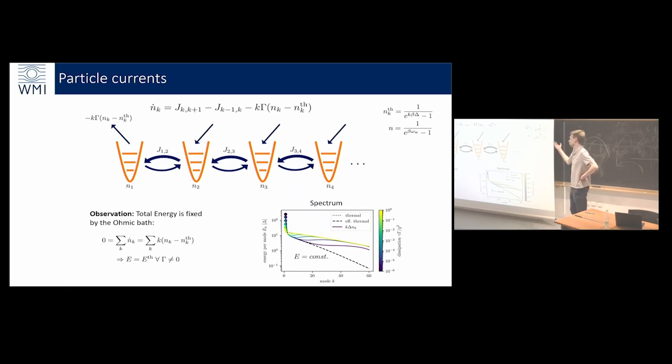And this is just a funny effect of this ohmic bath coupling, that the kth mode dissipates with k gamma, not just gamma. And this we can use to understand that as we go towards the lower temperature, we suppress the energy in higher modes, and all this energy needs to be captured by the lowest mode. So actually, as we cool, we increase the particle number and do not even just keep it constant, which is really due to the physics of this ohmic bath.